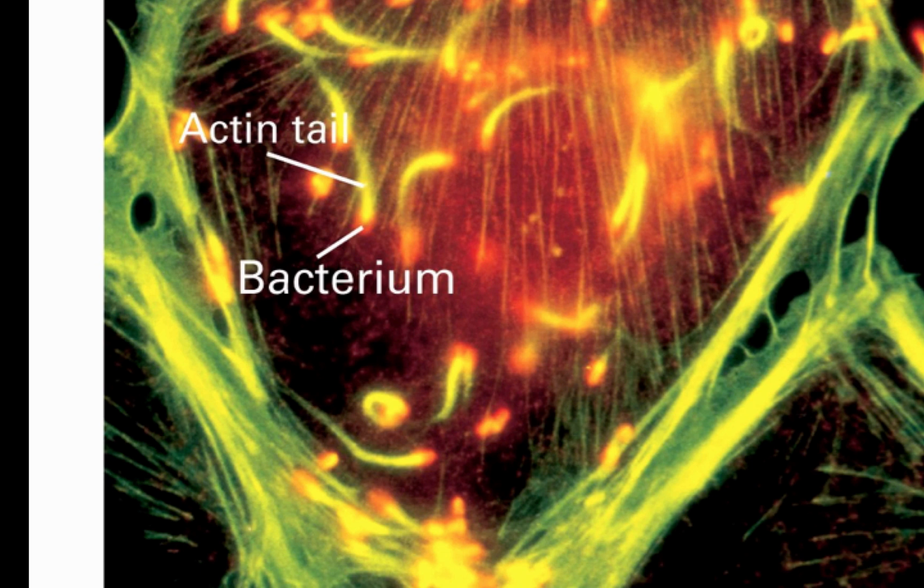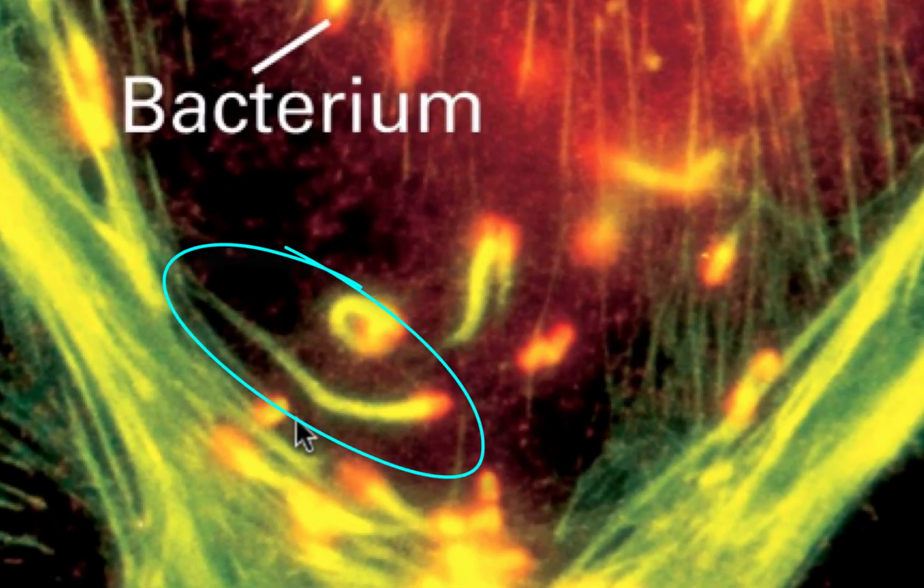At the interface of the organism and the actin tail, actin polymerization is happening, and that polymerization exerts a force on the organism to propel it forward. The farther away you go from the position where the polymerization is happening, the actin tail begins to disintegrate, which you can appreciate at the end of the tail. In this one at the bottom of the cell, you have the microorganism in red.